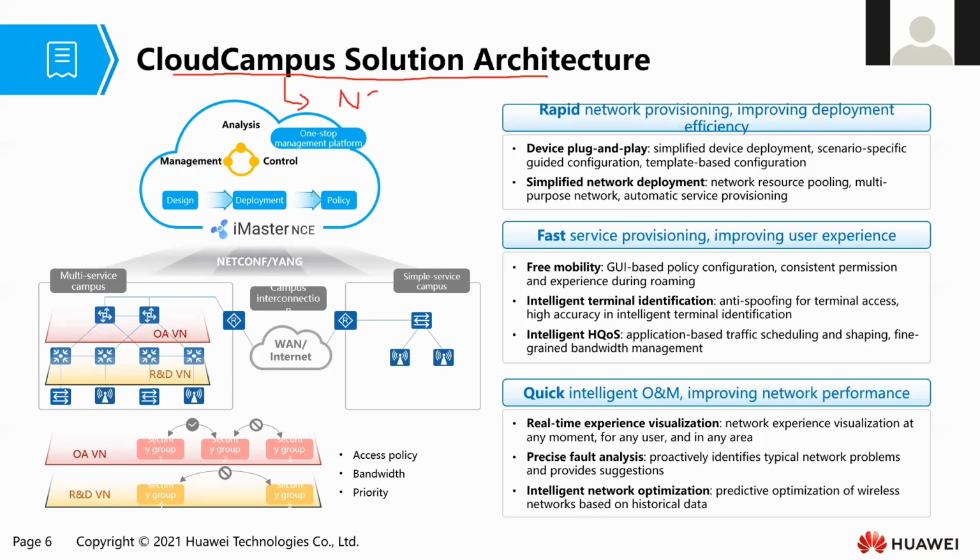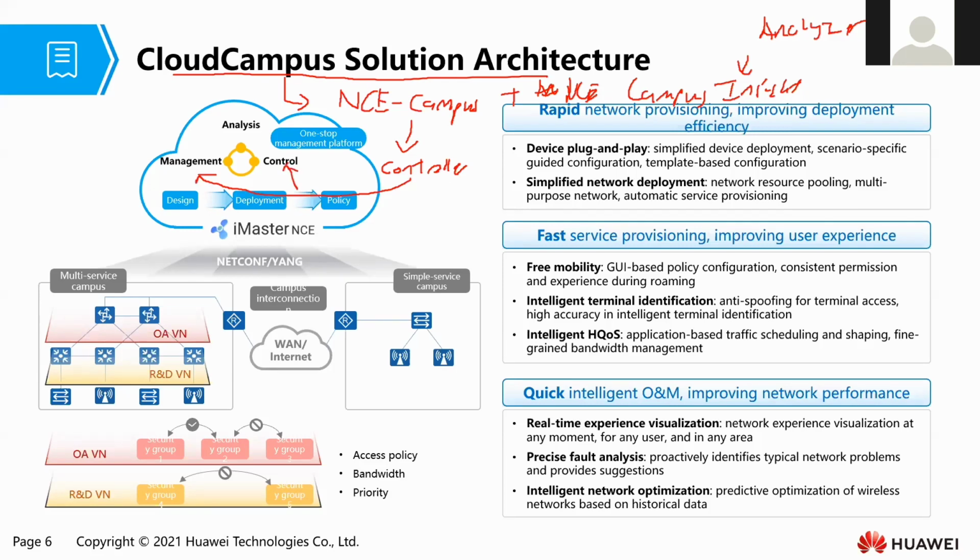The first one is NCE-Campus, and the other one is NCE-CampusInsight. The NCE-Campus we also call the controller, and CampusInsight we call the analyzer. So what is the function of the controller? The controller is responsible for management and control.